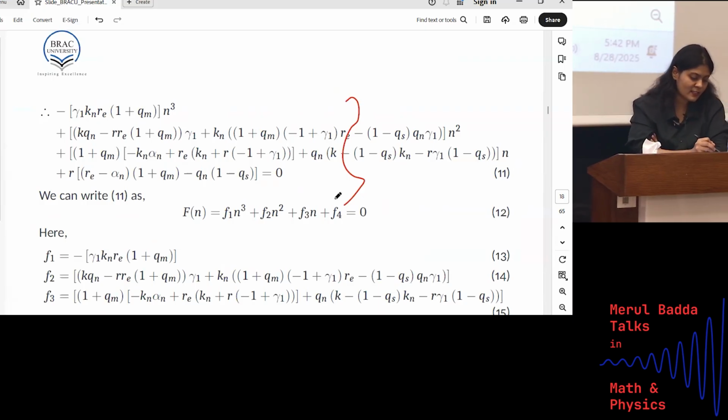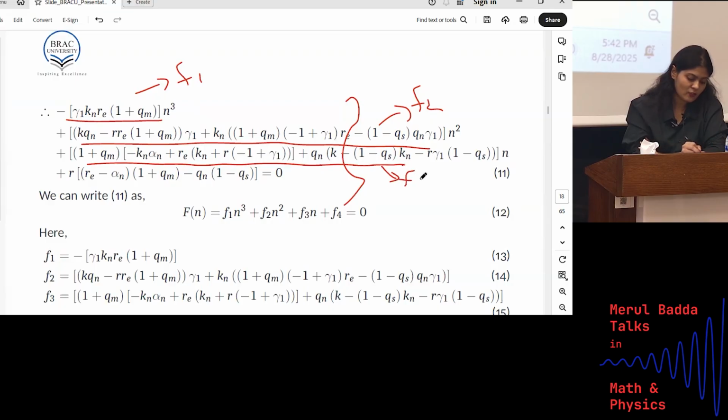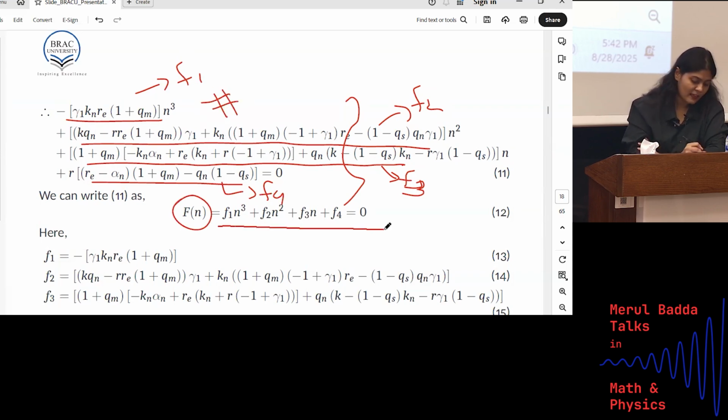If we consider this as f1, this as f2, this as f3, and this as f4, then we can write this equation in this way. As here all the variables are positive and there is a negative sign, we can say the whole expression f1 is less than 0.